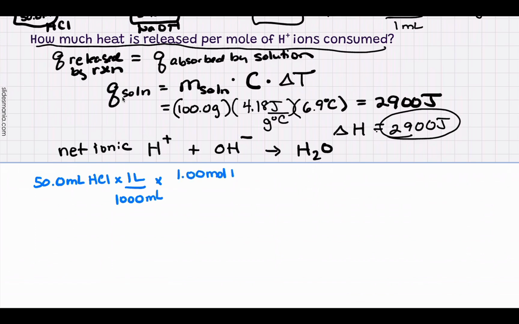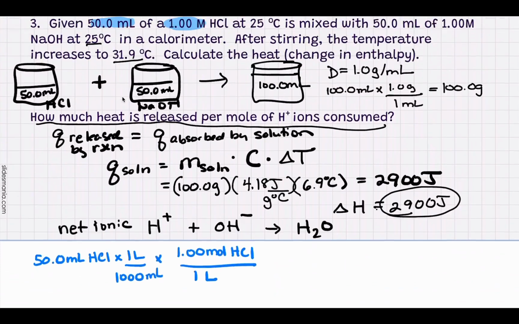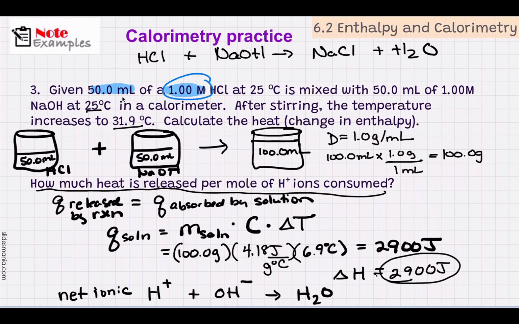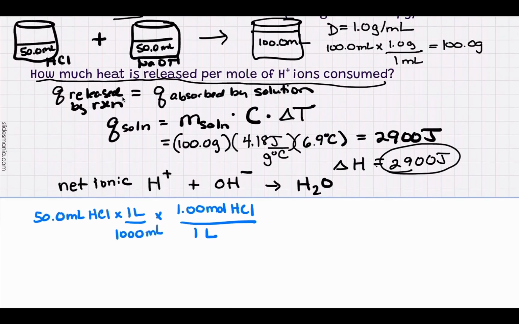So I know 1 mole of HCl for every 1 liter. So that's based on this molarity. And then I'm also going to realize that there's 1 mole of hydrogen ions for every 1 mole of HCl. So that gives me 0.0500 moles of hydrogen ions.